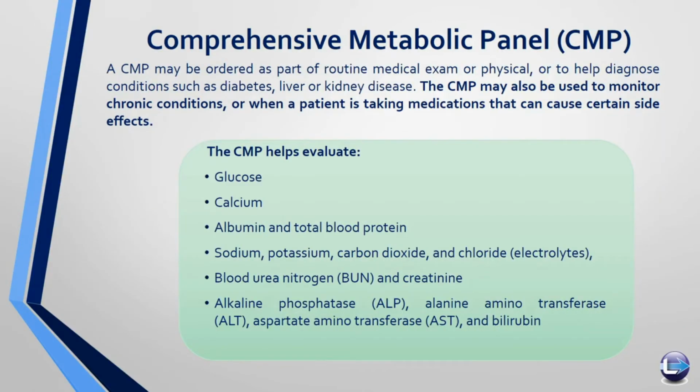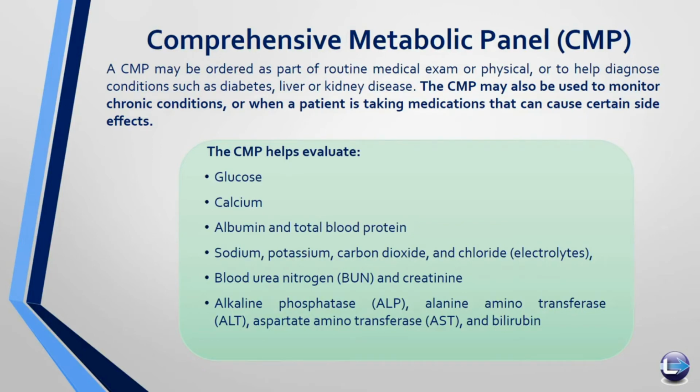Comprehensive Metabolic Panel, CMP. A CMP may be ordered as a part of a routine medical exam or physical, or to help diagnose conditions such as diabetes, liver, or kidney disease. The CMP may also be used to monitor chronic conditions or when the patient is taking medications that can cause certain side effects.